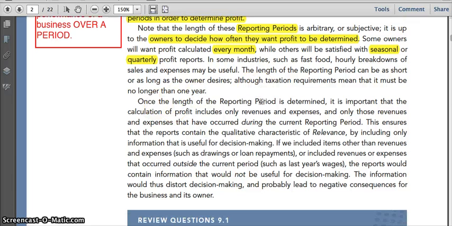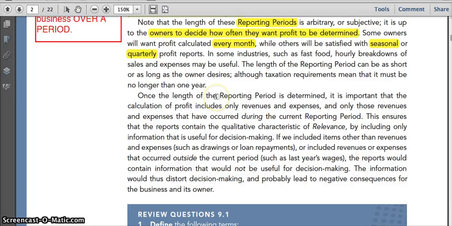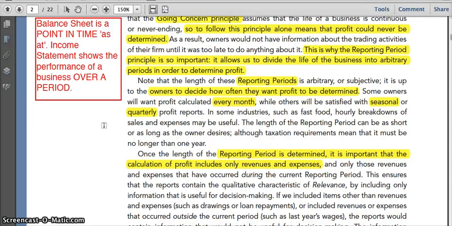Once this reporting period is determined, it's really important that the calculation of the profit only includes the revenues and expenses for that particular period. So unlike a balance sheet where everything in the past that has happened with that asset or liability is included, with an income statement, only the revenue or expenses for that particular period are included.